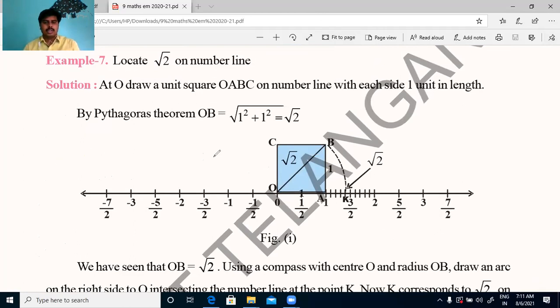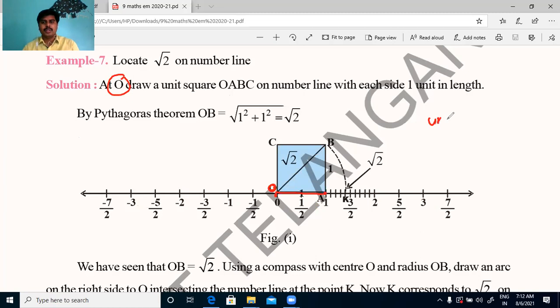In that, no need of the halves also, no problem. Just represent 0, 1, 2, 3 and -1, -2, -3. Okay. Then consider this 0 as a point O, and this is A, and draw a unit square.